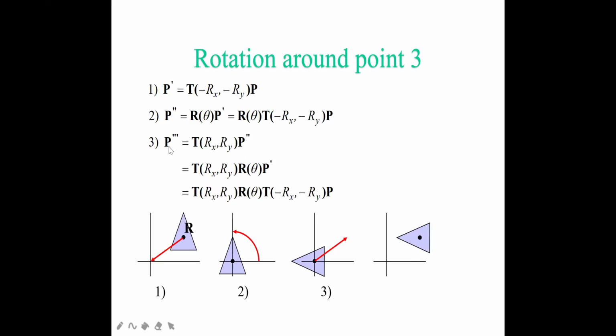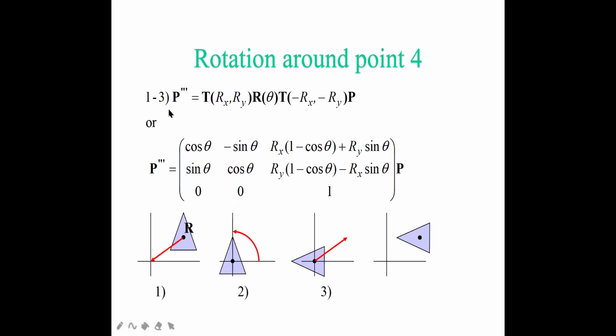Now next is P triple dash. This part will be the same. This p double dash is equal to r of theta p dash, I have written here, and again I got this p dash value as this much, so I have just written it here. Okay, I'm not changing anything. Whatever I have told you, I have just represented everything.